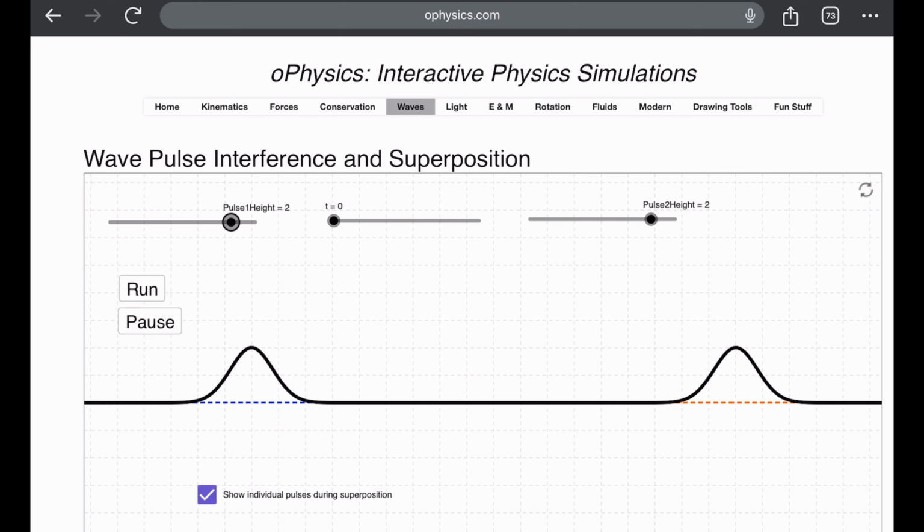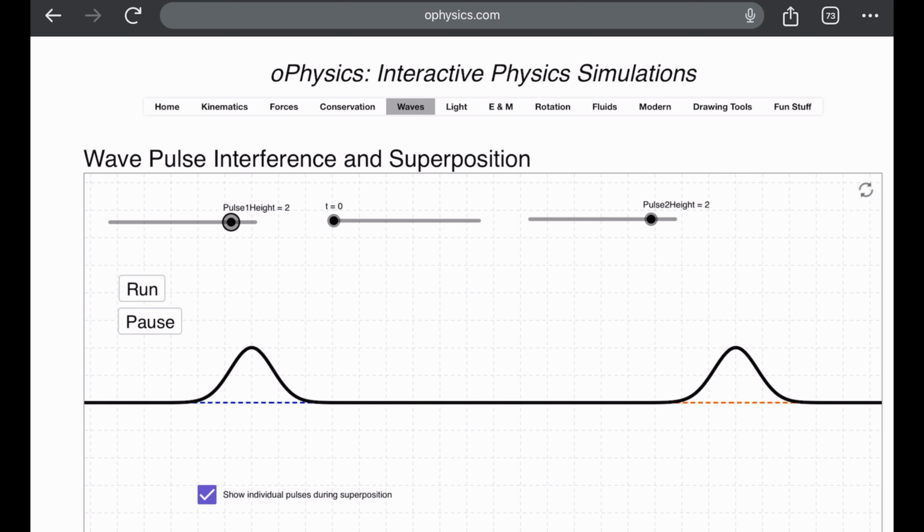As you can see on the screen, there are two pulses traveling in opposite directions. Right now I have taken the height of both pulses as 2, and the width is also the same, and they are similar.